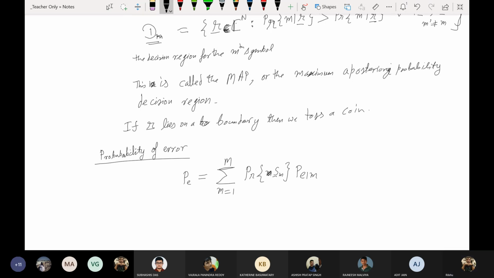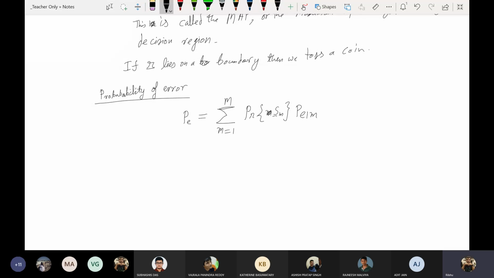So now the question is, how do we calculate the probability of error in the mth symbol?